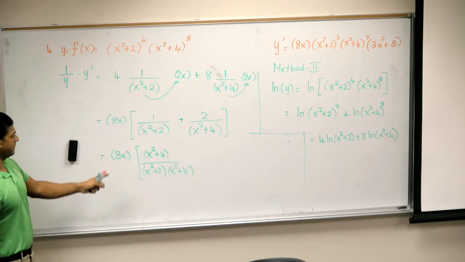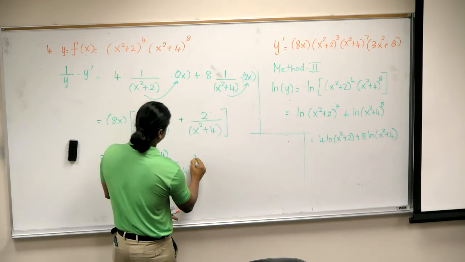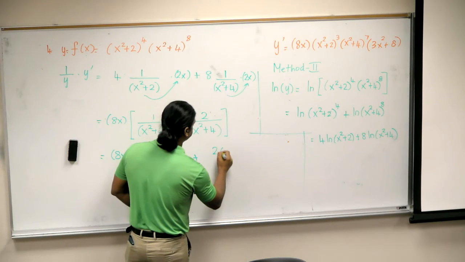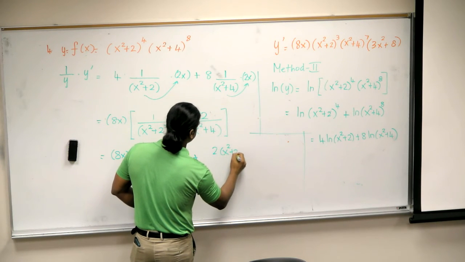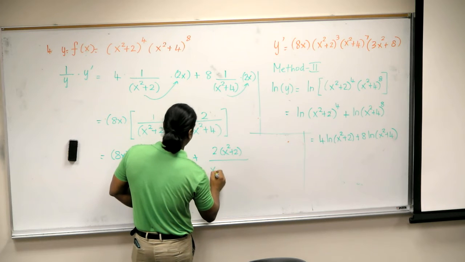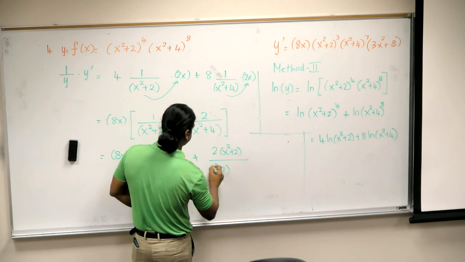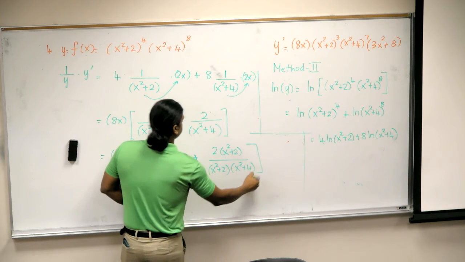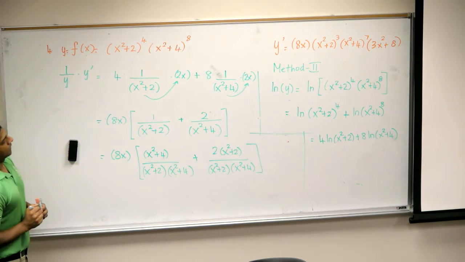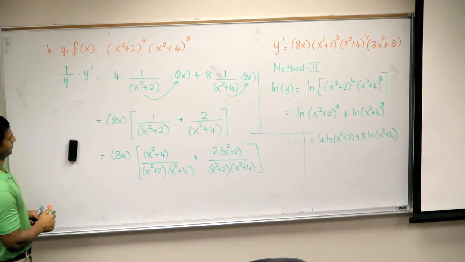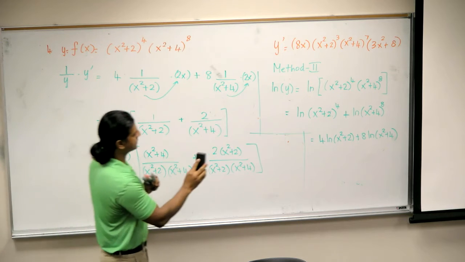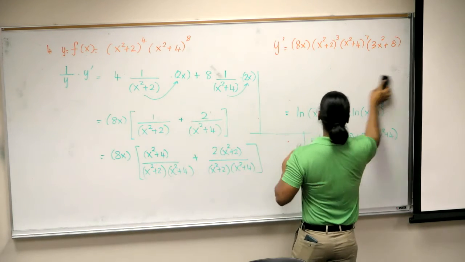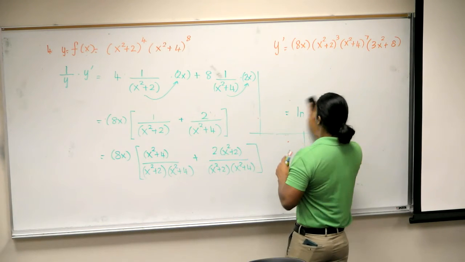Multiply and divide by the opposing denominator, the other denominator. Good. So I have a common denominator, so I can combine the numerators.